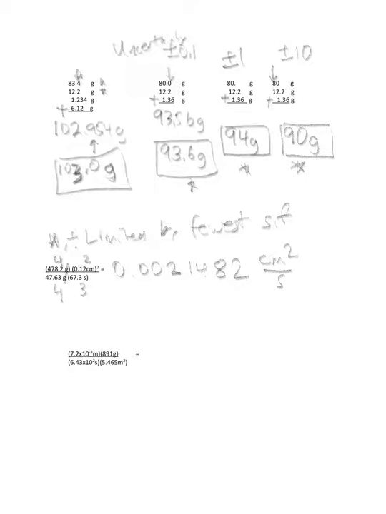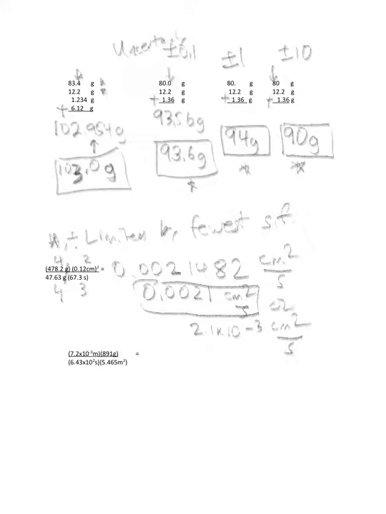There are 2, so my answer can only have 2 sig figs. So I'm going to report my answer 0.0021 centimeters squared per second. Or if you prefer, you can write as 2.1 times 10 to the minus 3 centimeters squared per second. Either answer is acceptable.